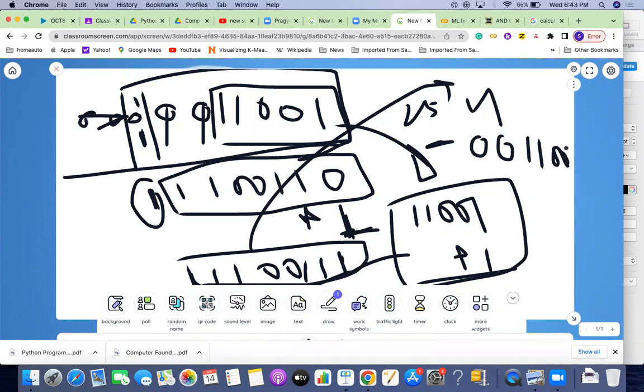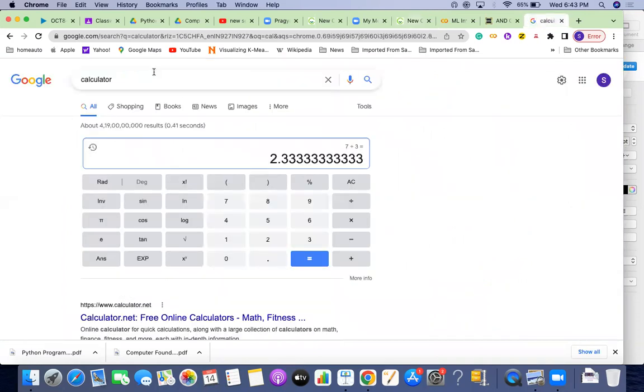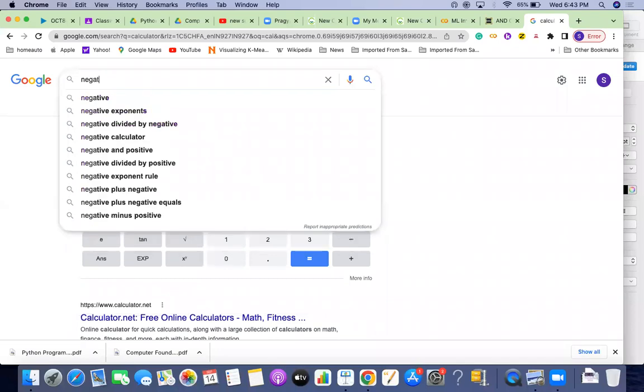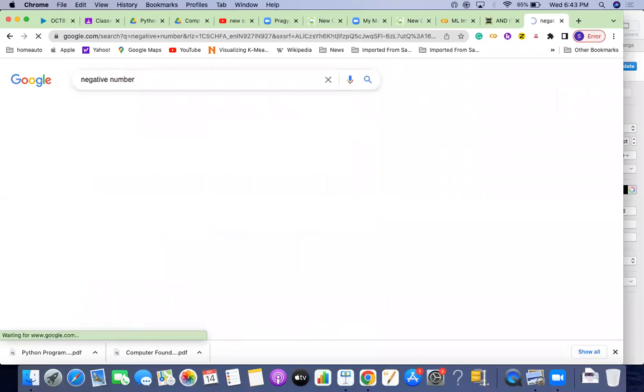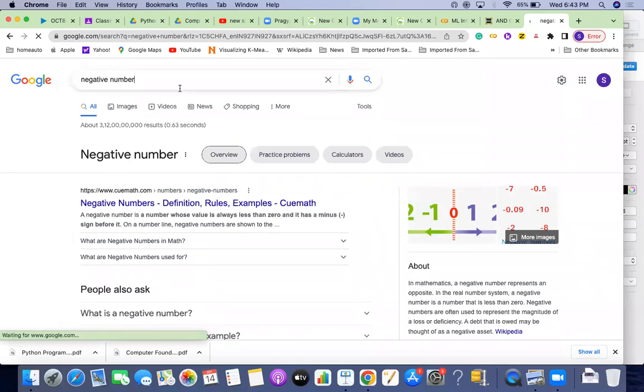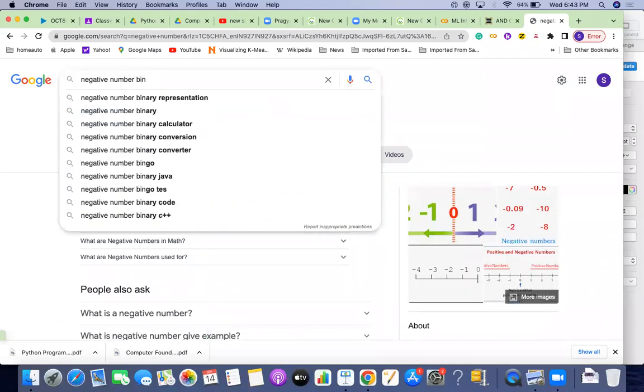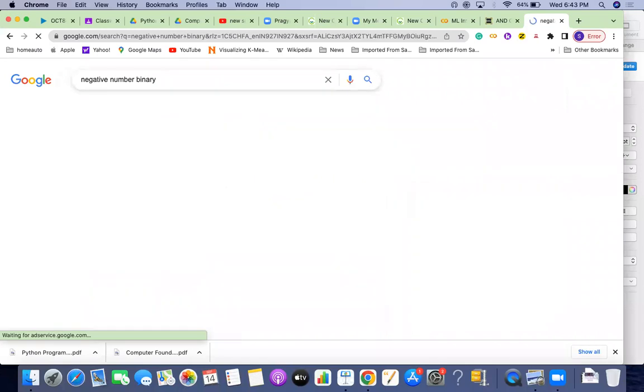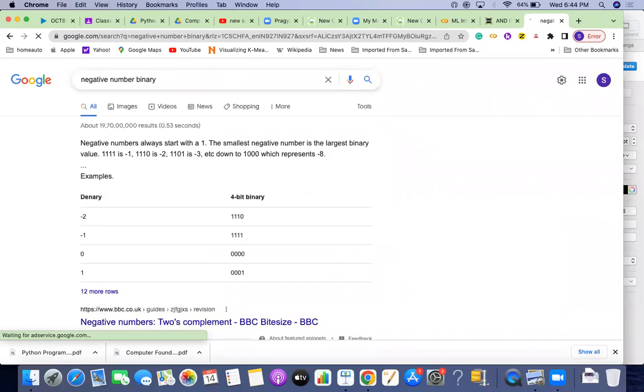So again it will be complemented and 1 added. So we see how the negative number is represented there. A negative number in binary will be stored in 2's complement. Is it clear how negative numbers are stored in binary?